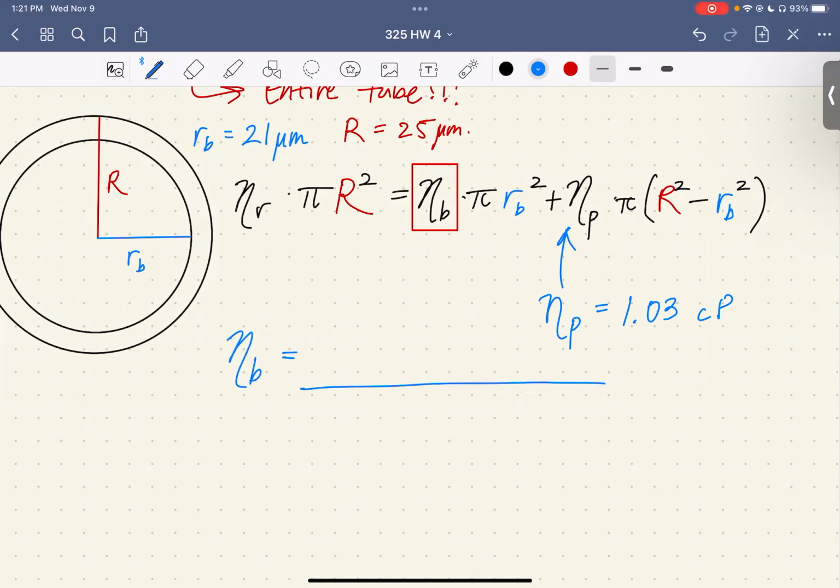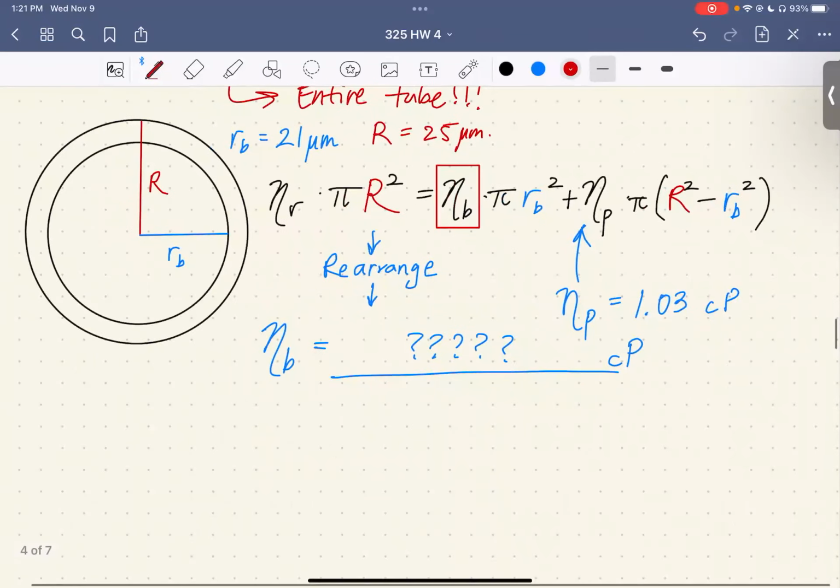So essentially, your answer should be rearranged for that term, the viscosity of blood, with unit CP. And this is your final answer.